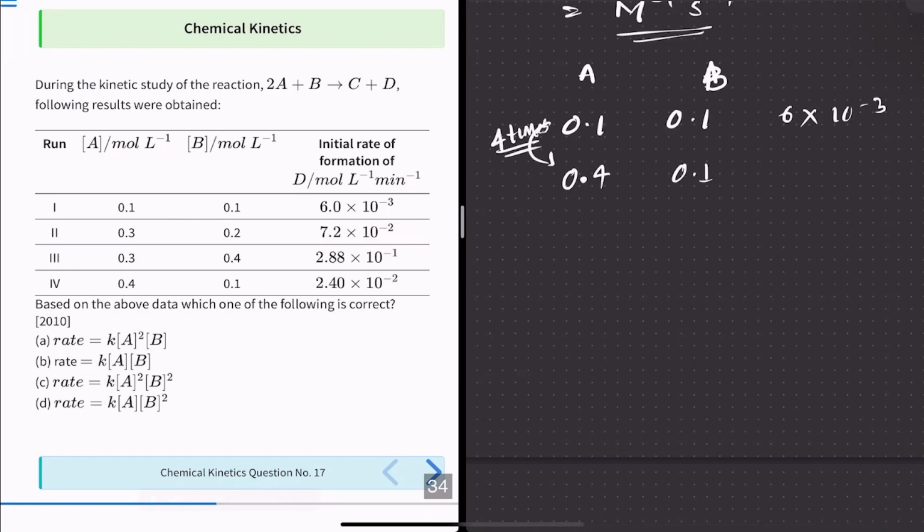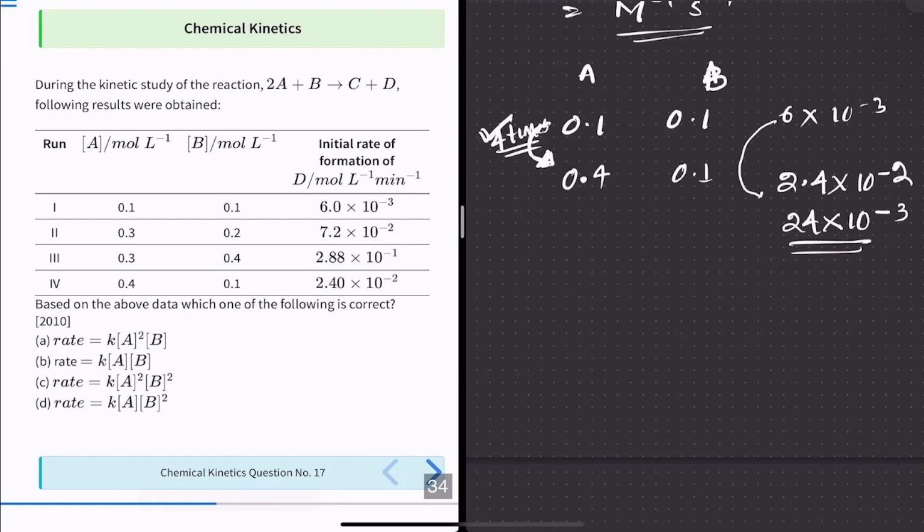Here the rate is converted into 2.4 into 10 to the power minus 2, means 24 into 10 to the power minus 3. If we increase the concentration of A by 4 times, the rate of reaction also increases 4 times.